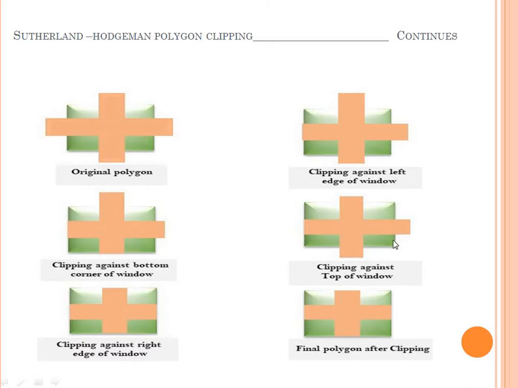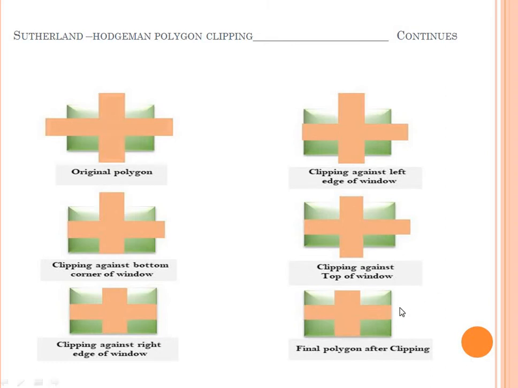After the top clipping, this image is used for clipping against the right edge of the window, which means the portion outside the right edge of the window is removed. And this is the final polygon after the clipping.